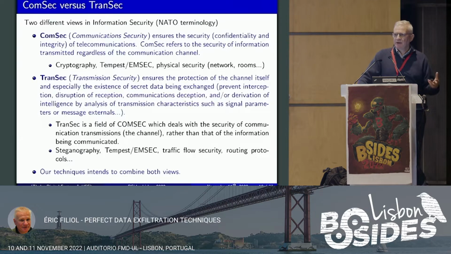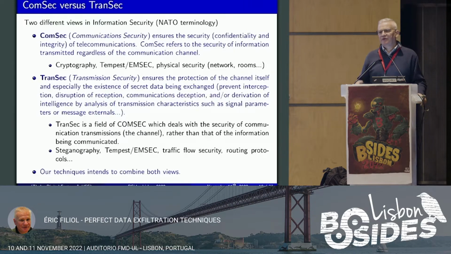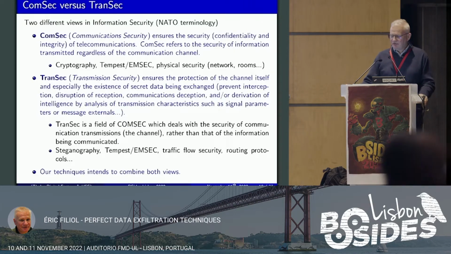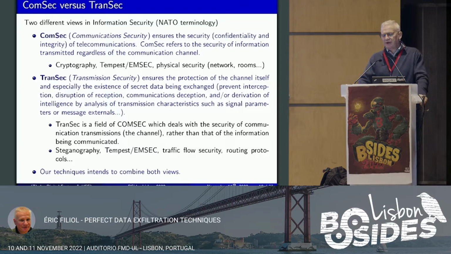You cannot discriminate between two communications, one being really innocent, the other one transmitting sensitive data. The best-known technique is steganography. In the technique I'm going to present to you, of course, we intend to combine both views, to protect the information, but also the fact that we are currently exfiltrating data.